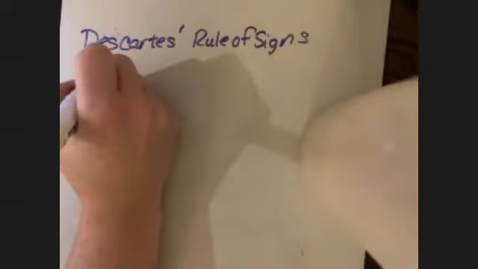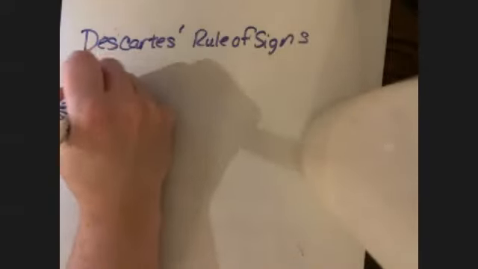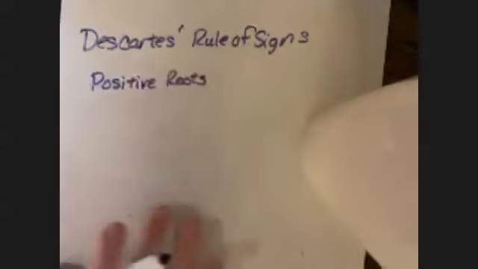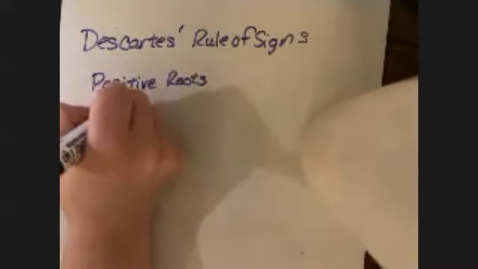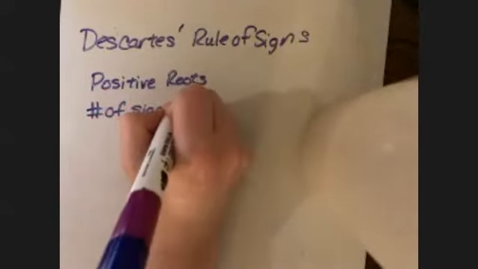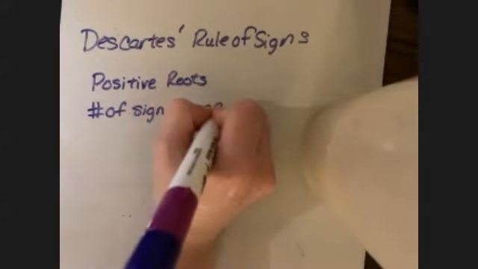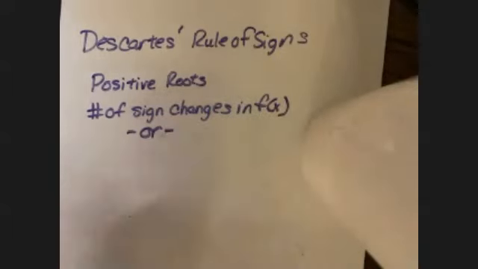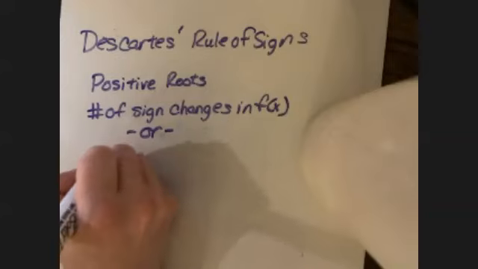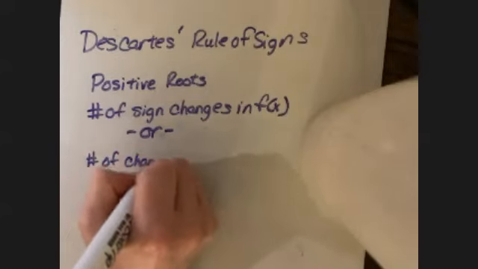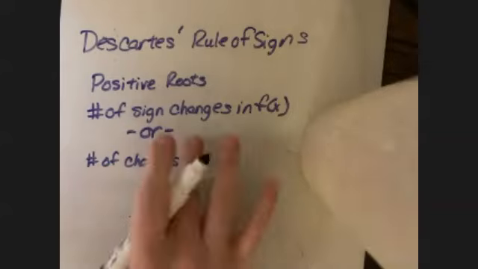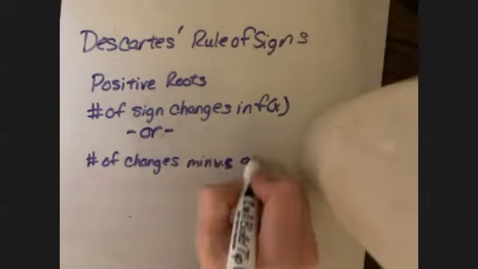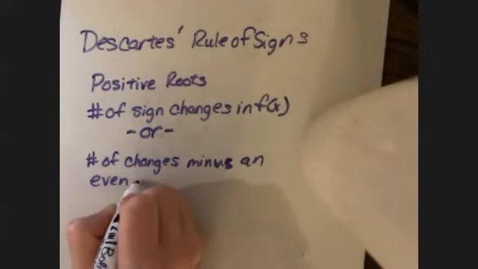So what it says is for your positive roots, the number of sign changes in f of x, or the number of changes minus, I'm going to write it, minus an even integer.